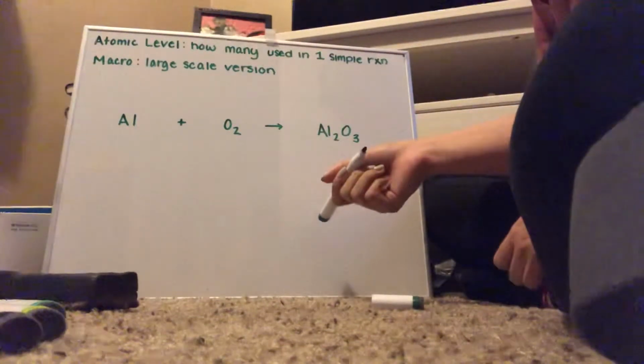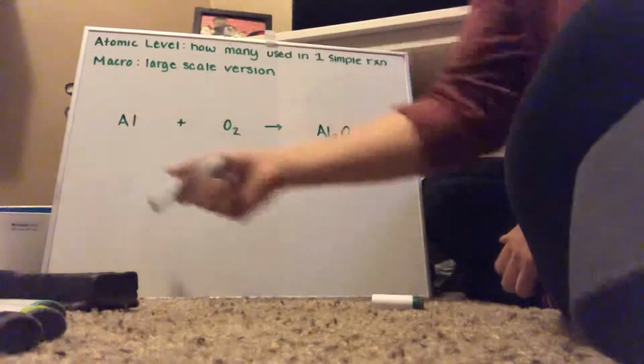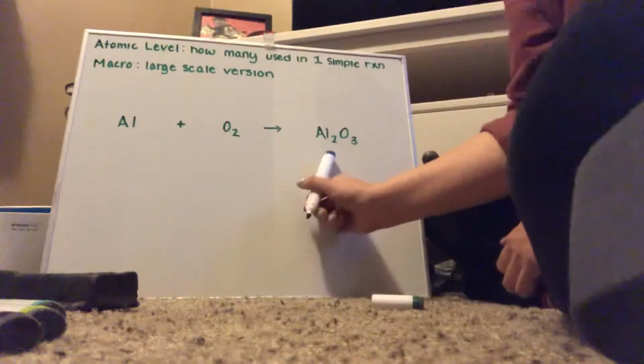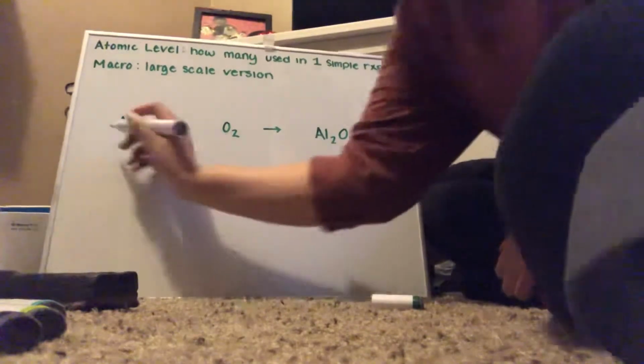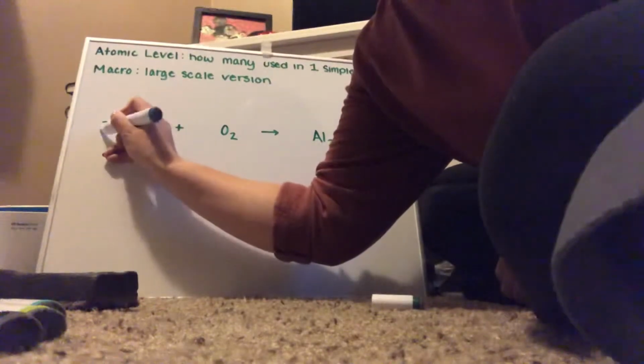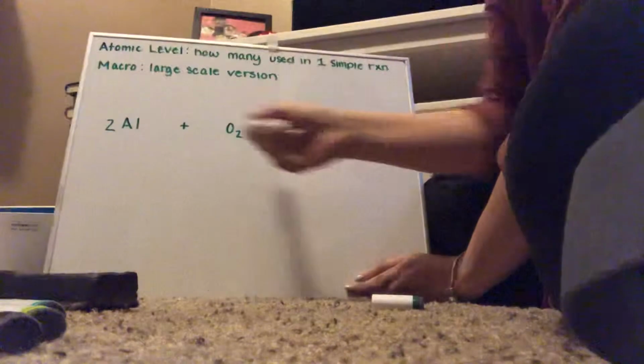But I start by seeing 1 aluminum on this side and 2 aluminums on this side. So let's try a 2 in front of the Al here, and see how it works out.